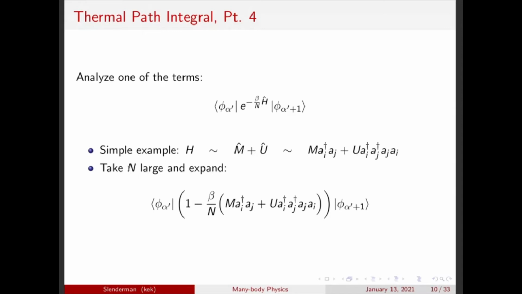Having done this process a lot, we're going to take n large and we're going to expand. Very similar to what you do when working with regular path integrals. For this term, we expand the exponential. We have 1 minus beta over n times our Hamiltonian, plus higher order terms in 1 over n, which we are going to disregard shamelessly because n is large.